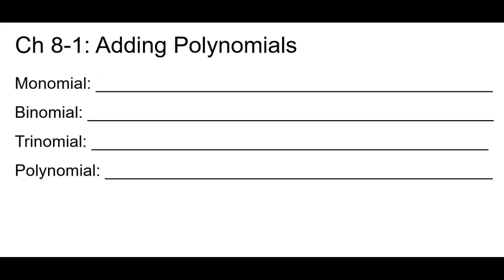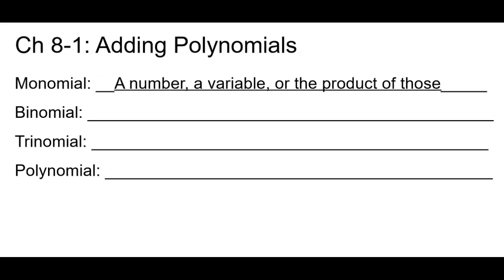So let's look at first some terminology. It's important that we know what a polynomial is. There's 4 different kinds. There's a monomial, binomial, trinomial, and polynomial. And so as we look at what those mean, a monomial is a number or just a variable or the product of those.